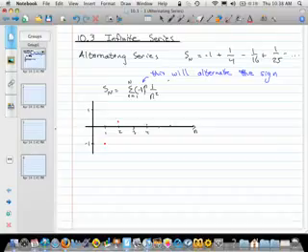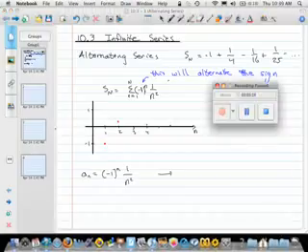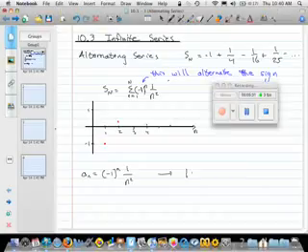So if a sub n is -1 to the n times 1 over n squared, we're going to look at the absolute value of a sub n, which is really just going to get rid of the -1. Since that -1 is irrelevant, then this is just this.